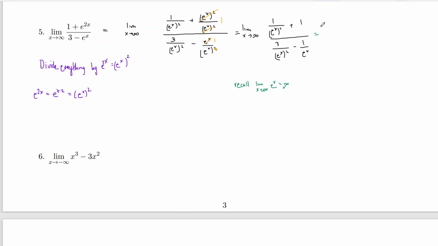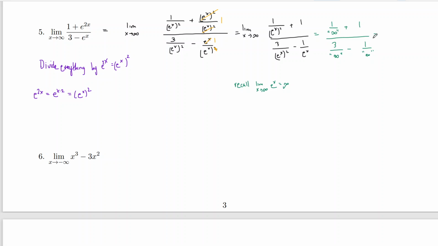Infinity squared is still infinity. I'm going to write 1 over infinity plus 1. I'll put it in quotes because we can't really say 1 over infinity, but I want to explain what this simplifies to afterwards. And then this is 3 over, this is also infinity. Squared doesn't matter, it's still infinity. Minus 1 over another infinity.